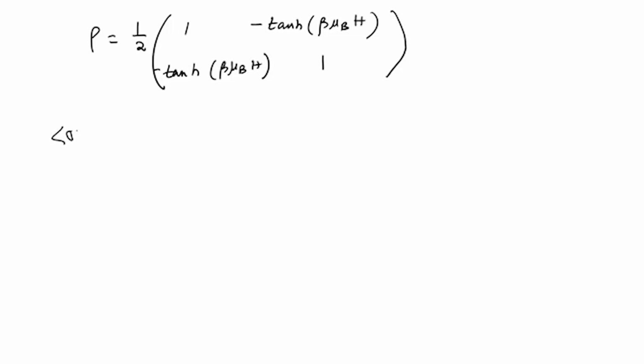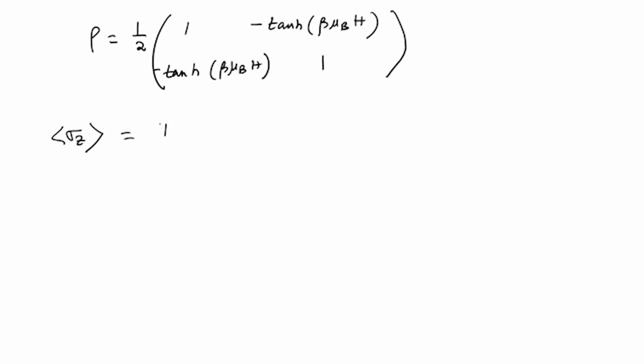And similarly, if we start doing sigma z, remember we should still calculate the expectation value of sigma z, because that is how the magnetization is defined. So, the magnetization is the expectation value of the z component of the spin angular momentum, which in this case is sigma z.